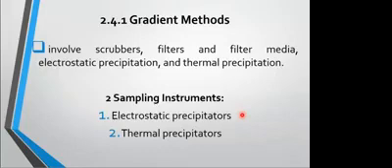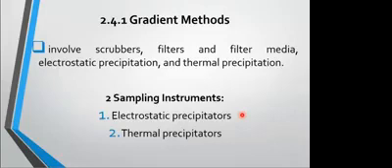I cannot explain this to you clearly by just giving you words, but you can look for the video which I posted in the Teams tab so you will know how to interpret the electrostatic precipitators and the thermal precipitators. I posted a video guide on how this gradient method is used in measuring the air quality.